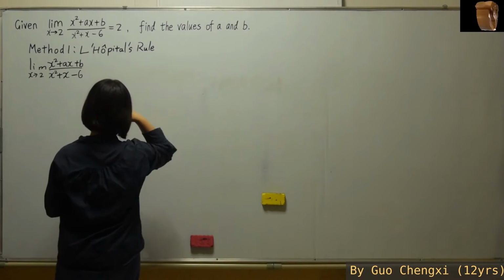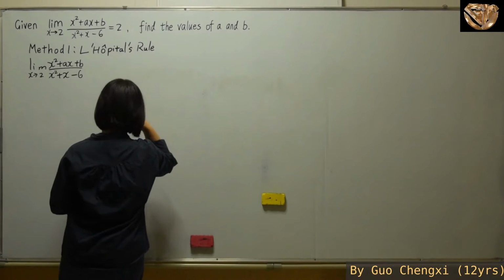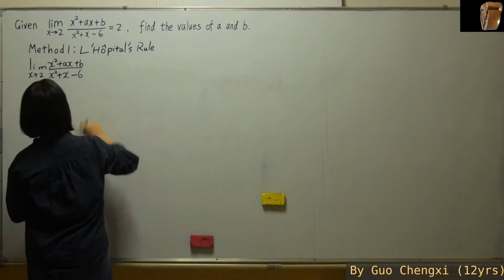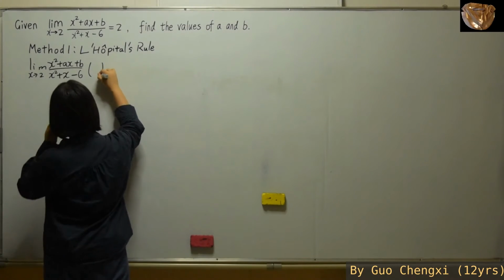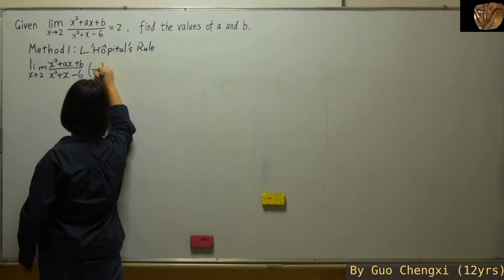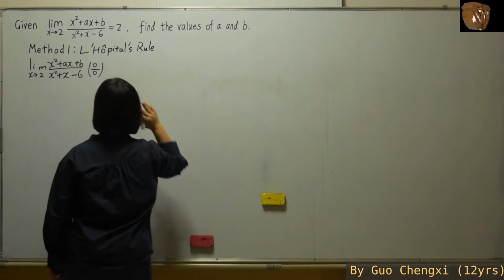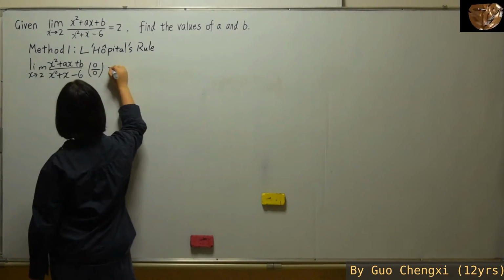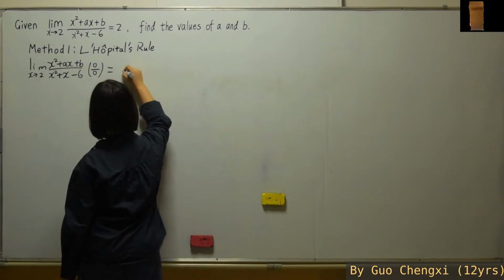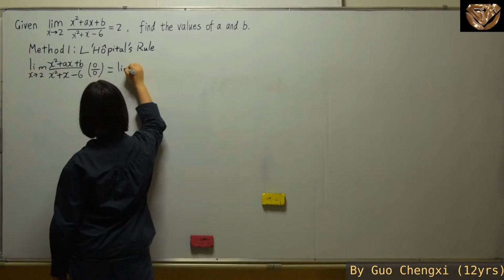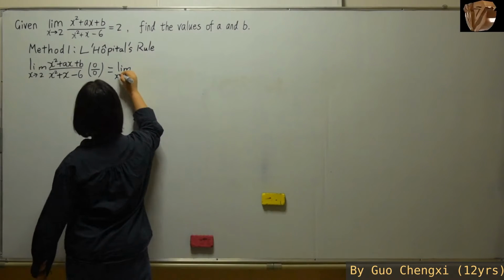Here you can tell the denominator is 0, so we have the indeterminate form 0 over 0. After all, we are using L'Hopital's rule, and so what we'll use is obviously L'Hopital's rule as stated above.